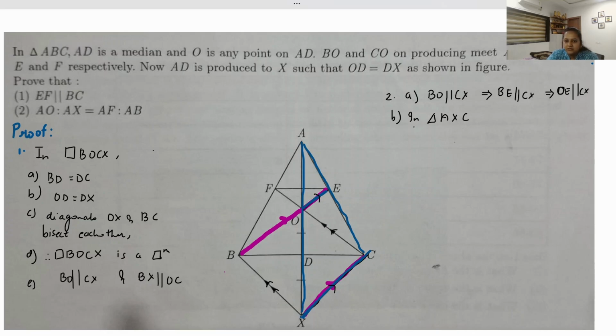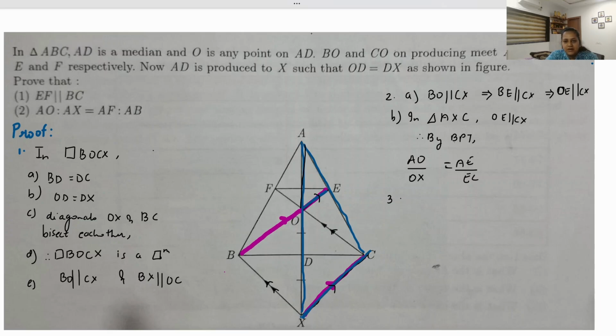Now we can apply BPT over here. Therefore, by the basic proportionality theorem, we can write, taking the sides in proportion, AO upon OX is equal to AE upon EC, isn't it? This is what BPT says. If one line is parallel to one of the sides of a triangle, then it divides the other two sides in proportion. If OE is parallel to CX, then AO upon OX is equal to AE upon EC.